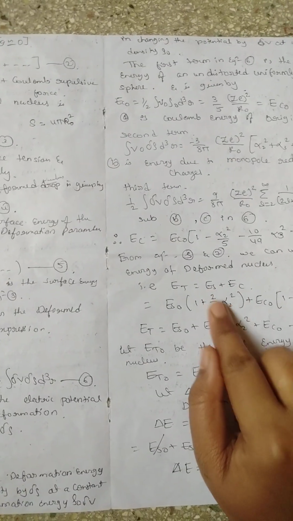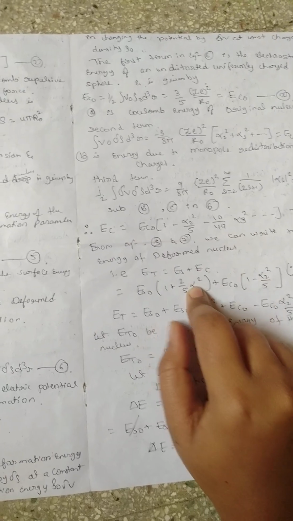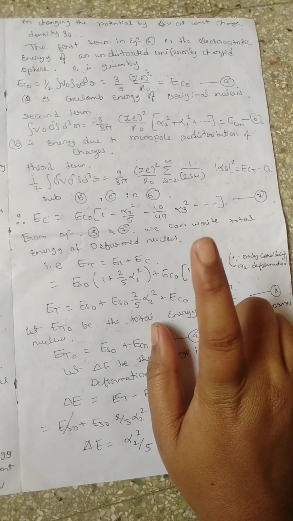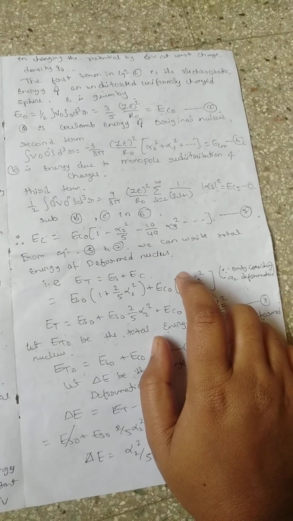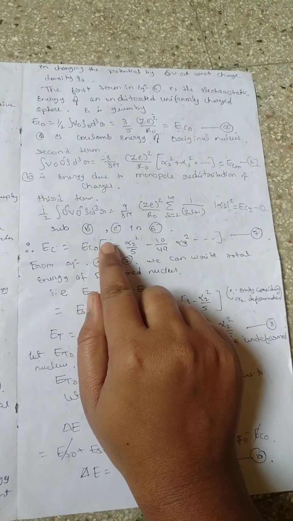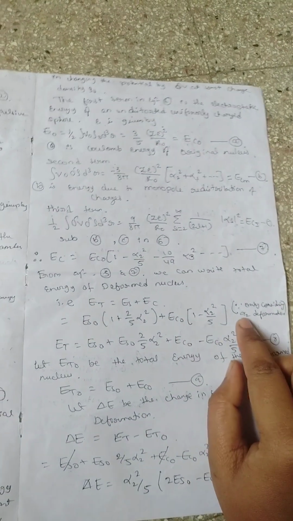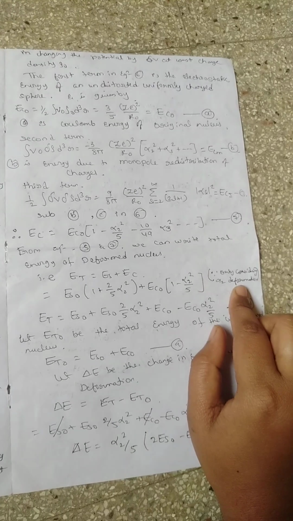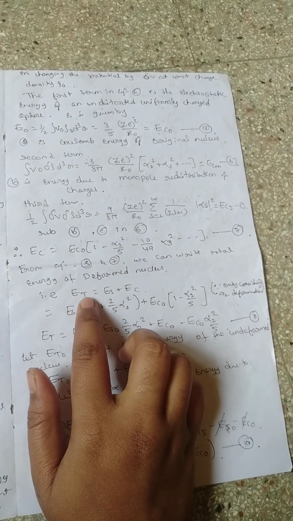We are considering only the alpha 2 deformation parameter. Then plus equation number 7, the E of C term, which here is E of C naught into 1 minus alpha 2 square by 5, again only for the alpha 2 deformation. We put those two terms in the total energy.